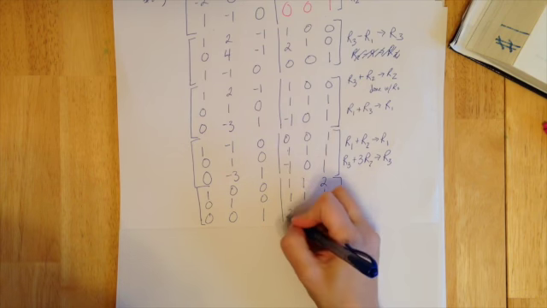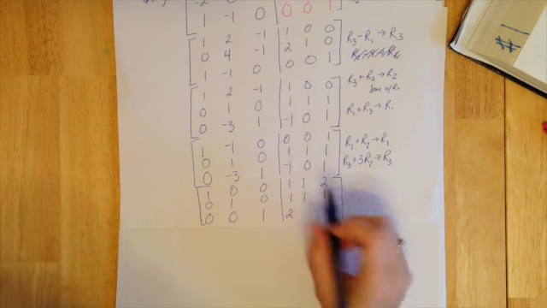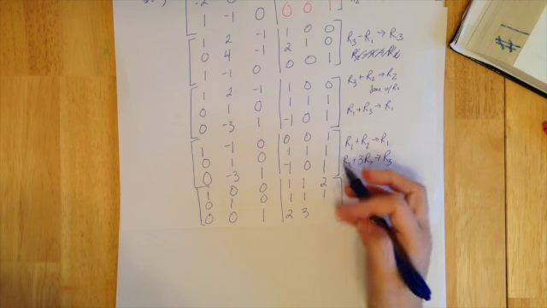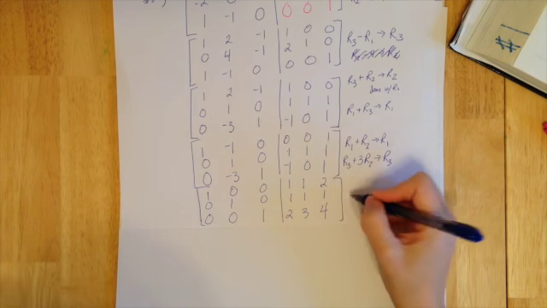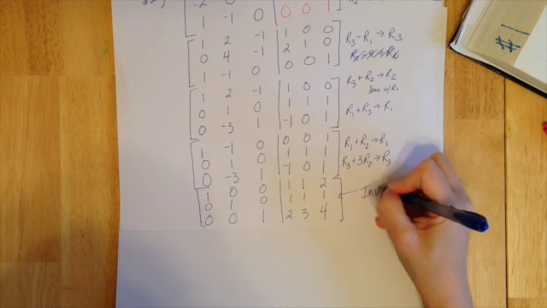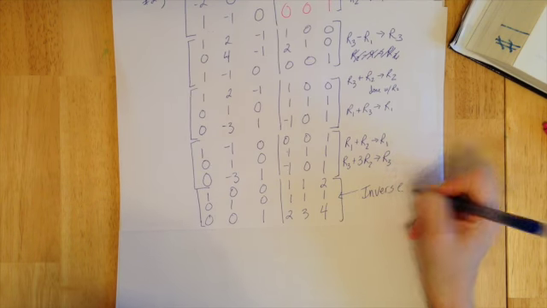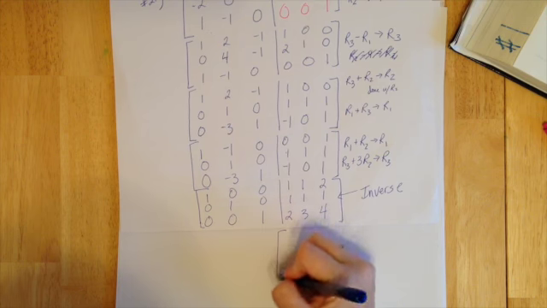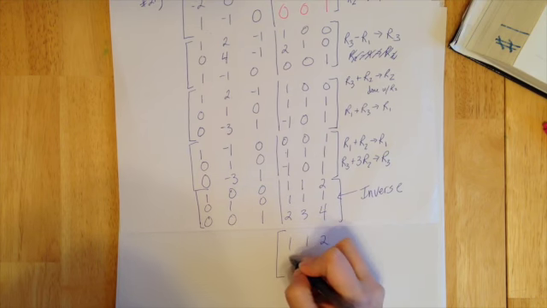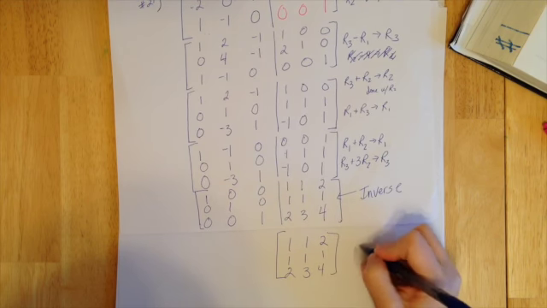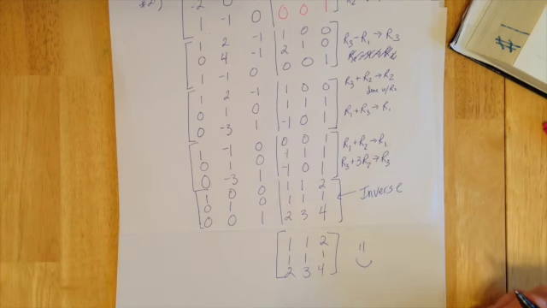Add these and these, we get 2, 3, and 4. So this is now the inverse, because the other side is the identity. So my matrix 1, 1, 2, 1, 1, 1, 2, 3, 4 is our inverse.